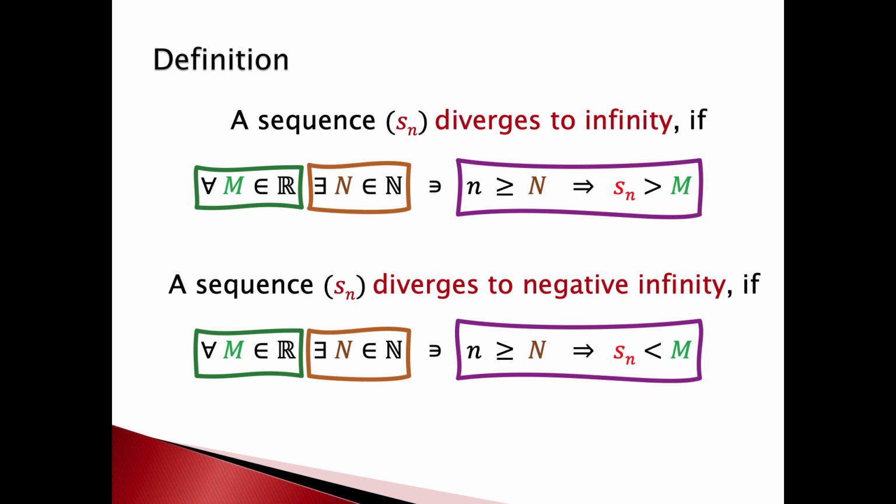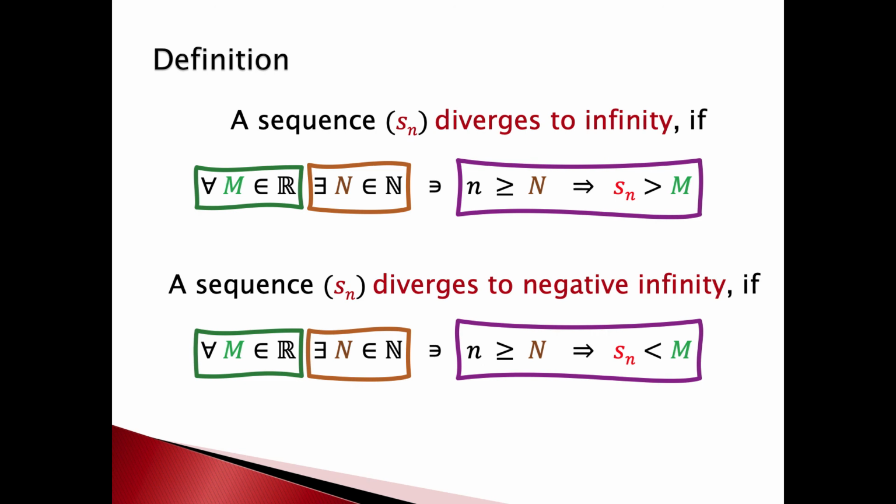So we'll do an example exactly the way we were doing the last ones, where we first pick an arbitrary capital M, then we produce a capital N. That's a constructive existence proof. And the last part, proving this implication, we'll just do a direct proof, assuming that little n was bigger than or equal to capital N, and showing that Sn has to be either bigger or smaller than M, depending on which definition I'm using.